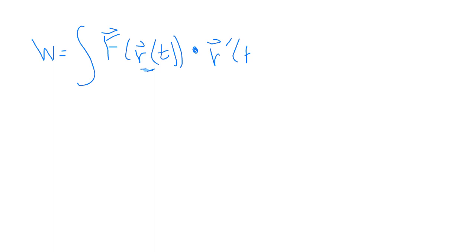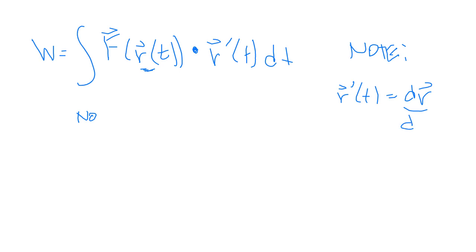And that's dotted with the vector r prime of t dt. Now, we'll note here that r prime of t is just dr/dt, right? dr/dt is r prime of t. So that means r prime of t dt is equal to dr.